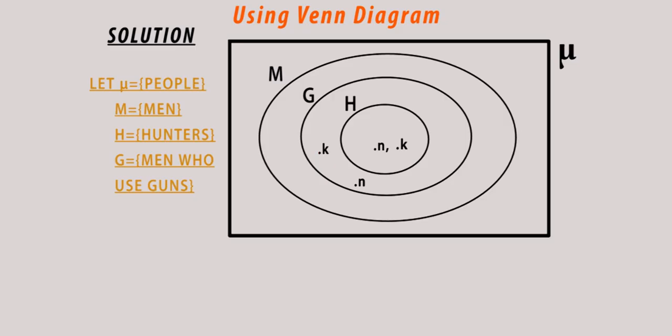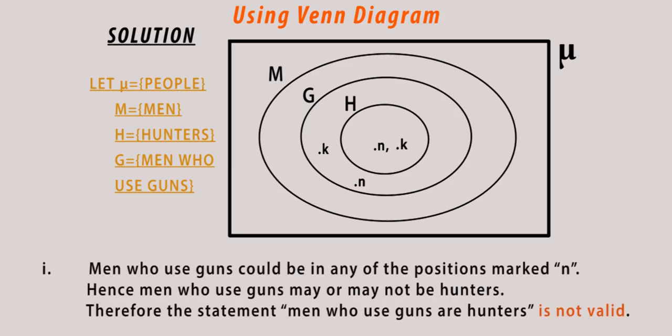Now I, men who use guns could be in any of the positions marked N. Hence, men who use guns may or may not be hunters. Therefore, the statement men who use guns are hunters is not valid.